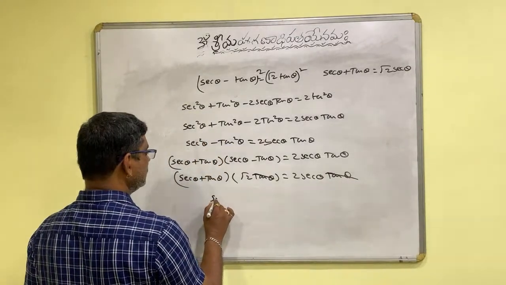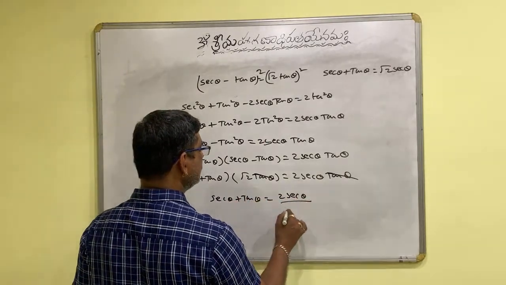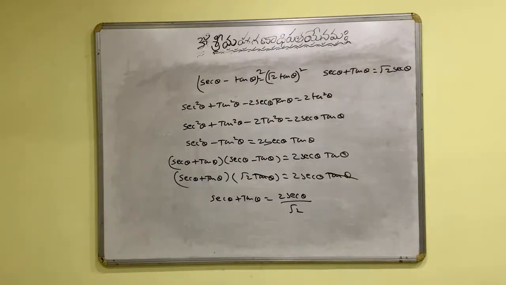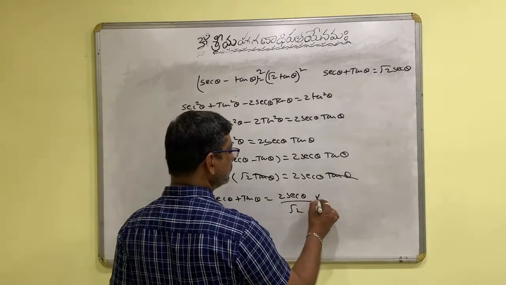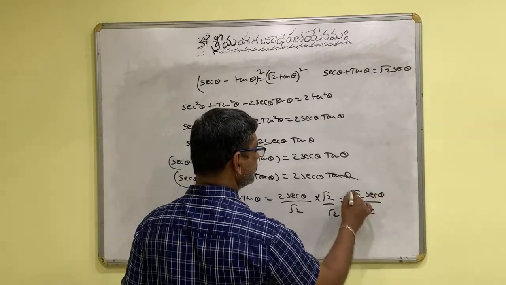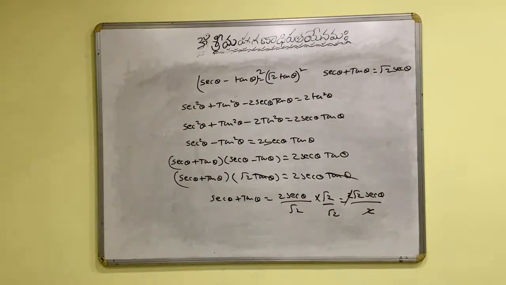Then secant theta plus tan theta is equal to 2 secant theta by root 2. Now rationalize the denominator. If you rationalize the denominator, you will get the answer: secant theta plus tan theta is root 2 secant theta. Understand, children?